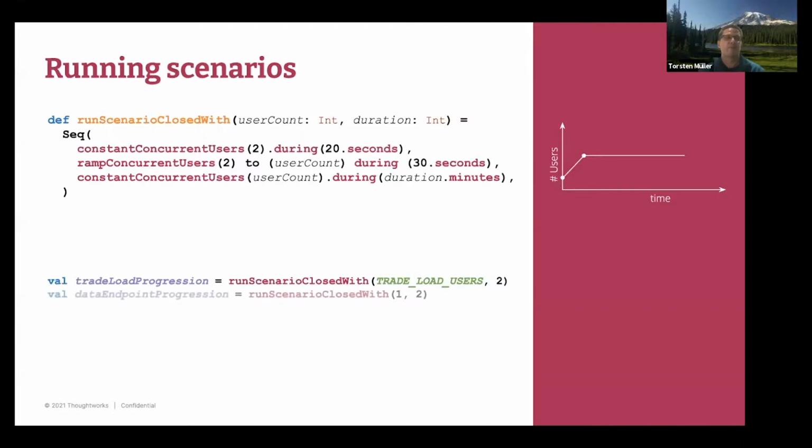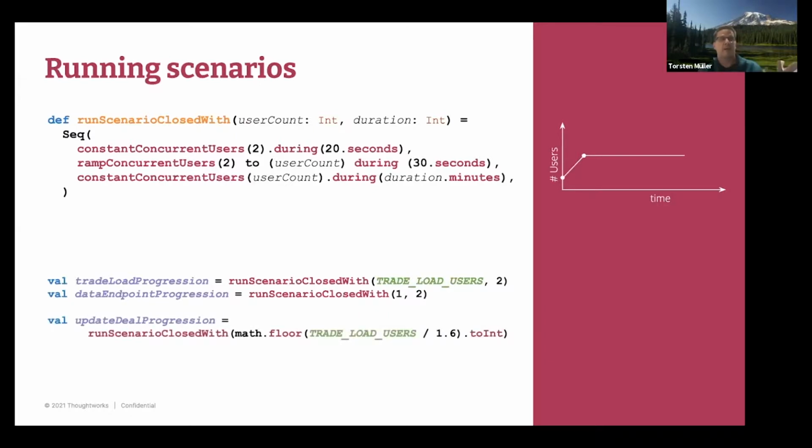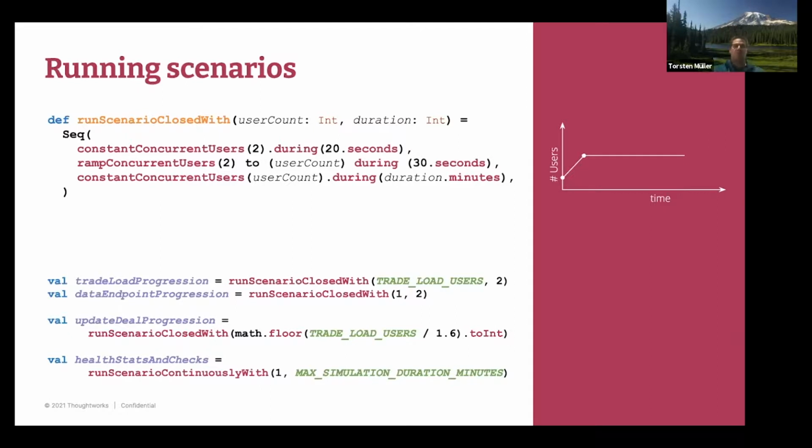And then we can use that same function to run another progression and yet another progression. And then of course in our code base with the scenarios, we can define other scenarios. So here's one that runs continuously with 1 user. This would be something where you're basically having health checks and you don't really ramp them. You just have 1 user that continuously pings until the simulation is done.